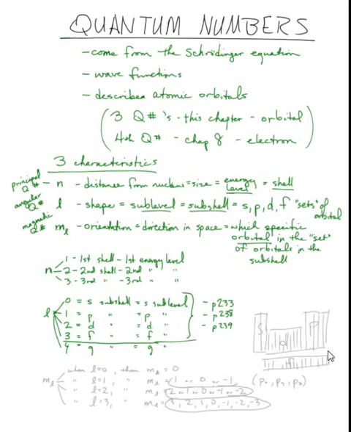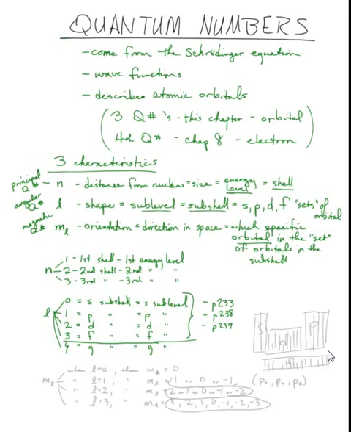When l equals 1, we're in a p subshell. We have 3 different p orbitals. One along the x-axis, one along the y-axis, one along the z-axis. And in fact, sometimes they're called px, py, and pz to show that.